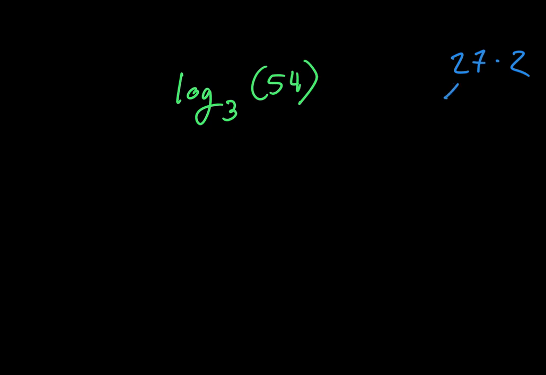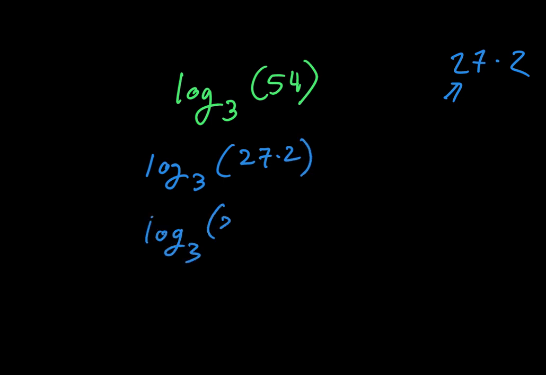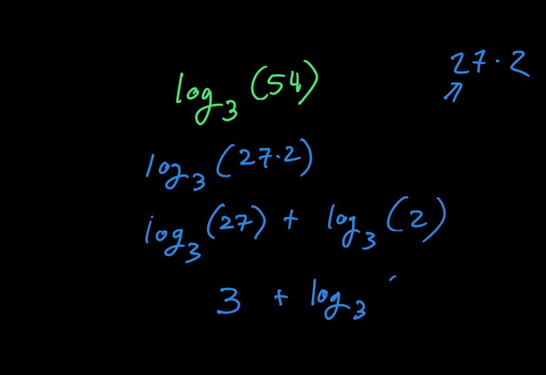If I split it up like that, log base 3 of 27 times 2, that would be log base 3 of 27 plus log base 3 of 2. 3 to what power is 27? 3 to the third power. 3, 9, 27. So you could get it into some smaller parts and pieces by splitting it up.